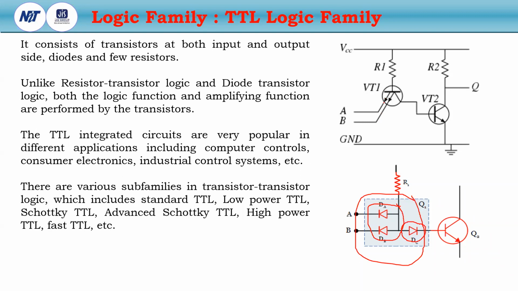This is DA, this is DB, and this is also DC. If you understand this configuration, then the total TTL logic operation will be very easy. This is the base emitter junction, a PN junction diode. These base emitter PN junction diodes are connected in parallel. And this PN junction diode is connected in series with the PN junction diode of the output transistors.